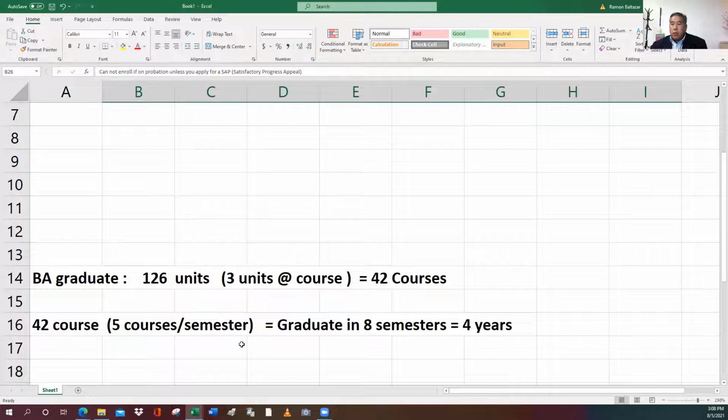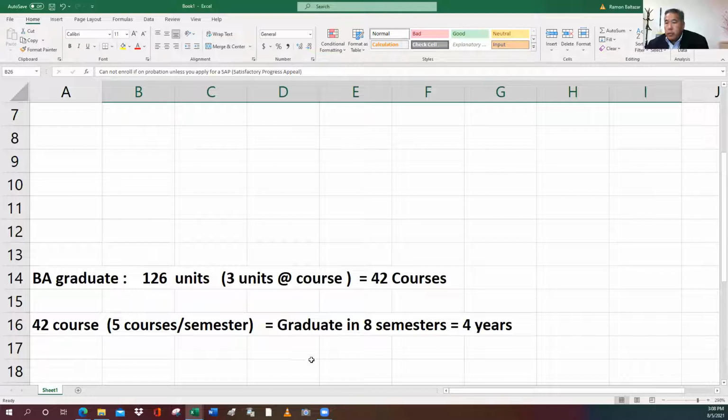Now, this is not including taking courses in winter or summer. So if you were just to come to classes during the fall and the spring semester, you can graduate in 8 semesters, okay, or the equivalent of 4 years.